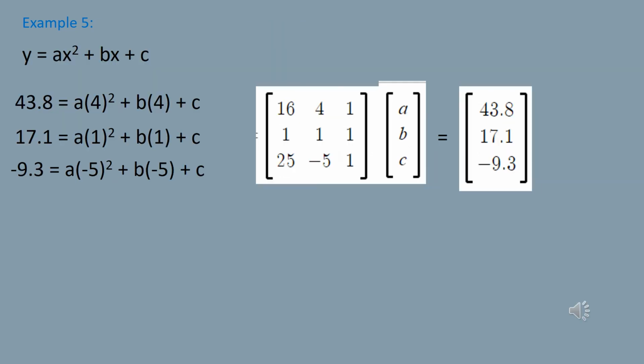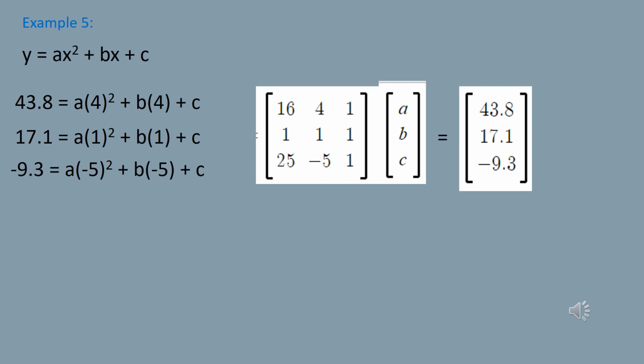My system of equations can be put into the following matrix equation. Notice if I read across the first row and I dot it with the column vector ABC, I will get 16 times A plus 4 times B plus 1 times C, and that will equal 43.8. That is the first set of data plugged into the quadratic equation.